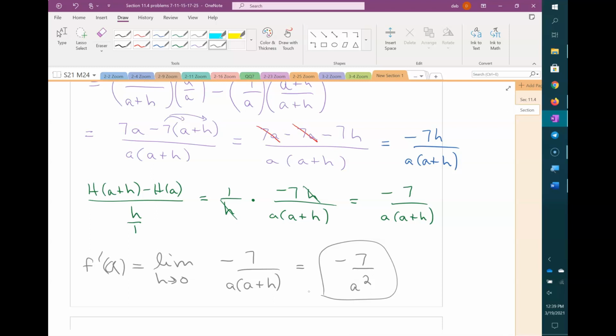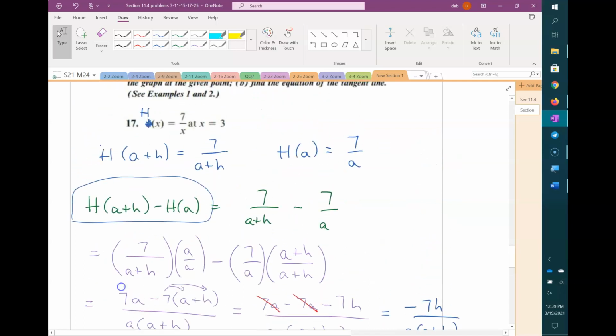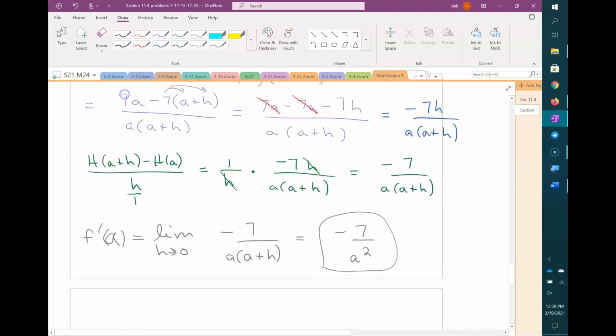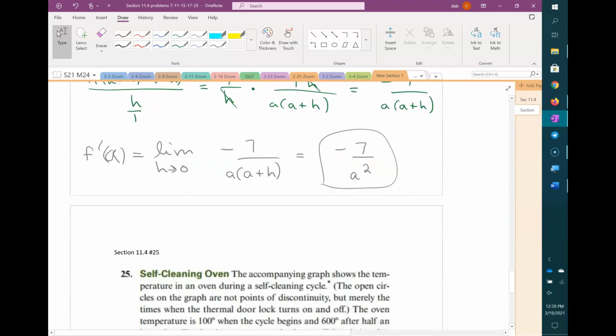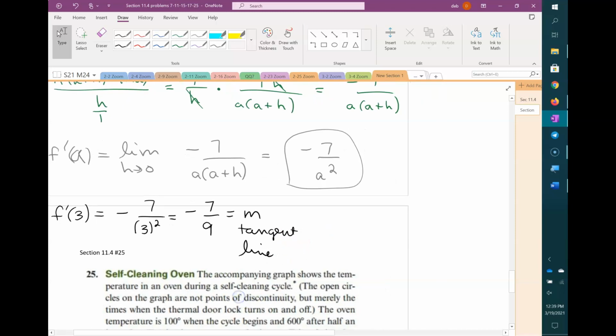So then I'm being asked about x equals 3. I can find the slope of the tangent line at x equals 3 by plugging in 3 for a and getting negative 7/9. So this is m of the tangent line. Okay, then the next thing we need is f of 3.